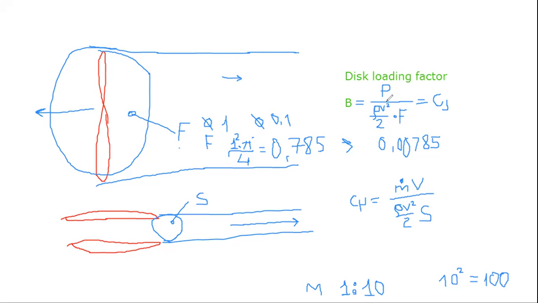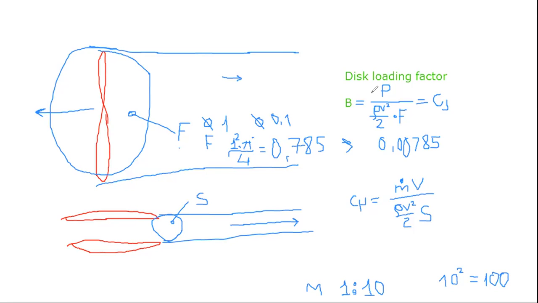We have different dynamic pressure in real aircraft and in wind tunnel. So we know this value from wind tunnel specification, and we know this value when linear scale down our aircraft. So we just need to find this value. And when we find this value, we are able to calculate how many RPM we need to drive our propeller.